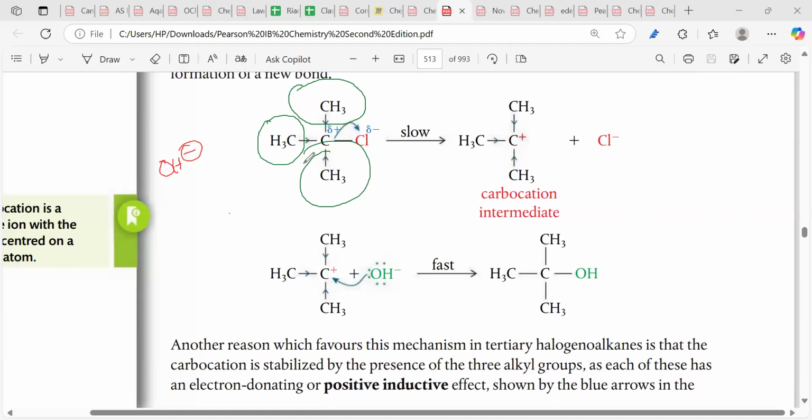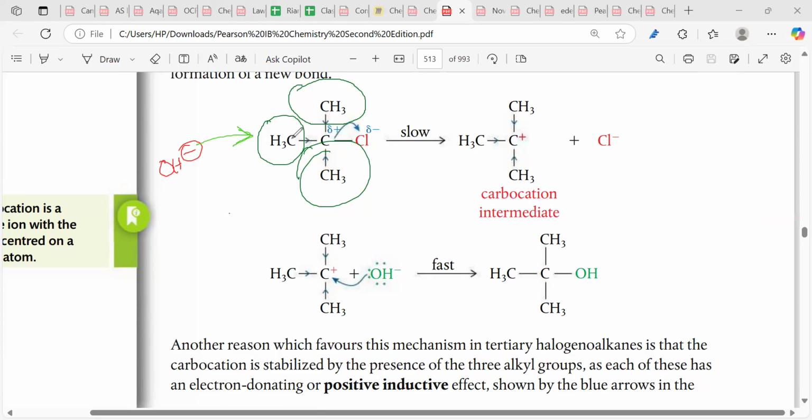They're obese people. So will OH minus be able to attack in this direction? No. OH minus cannot attack, which is a very important part we learned. And thus it will not be able to attack from the opposite direction, as we did in SN2.